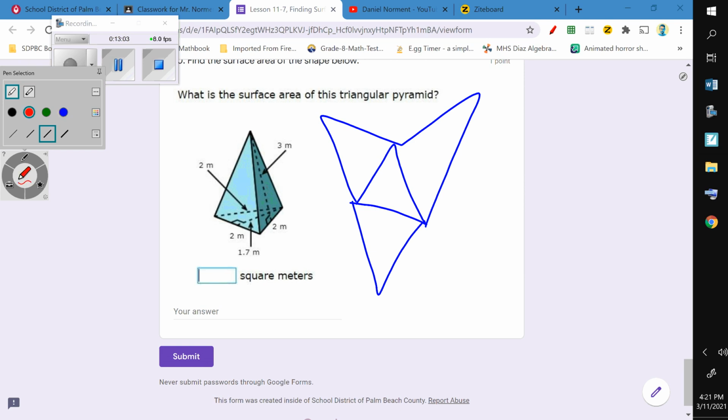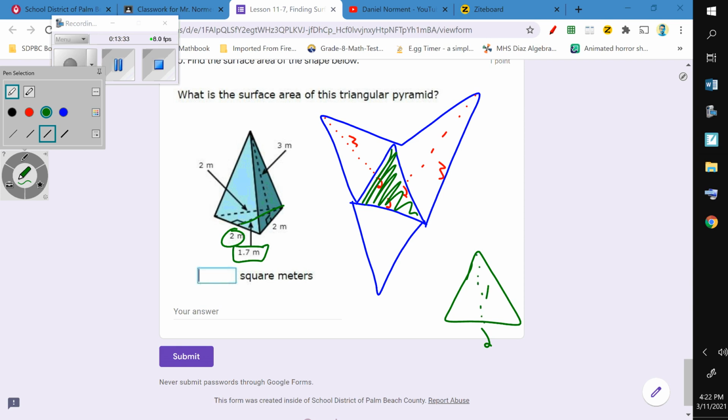Now those triangles, they have a base length of 2, and they have a height of 3, except for the middle one. Okay? So this middle one, this one right here, that triangle has a base length of 2, which is right here. And look at that, the height is actually 1.7.